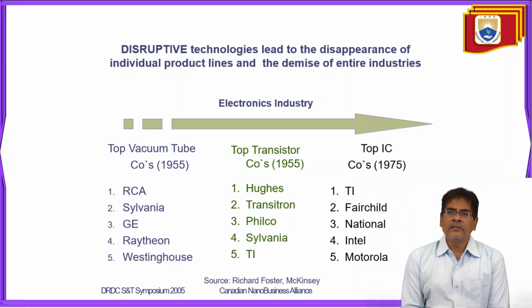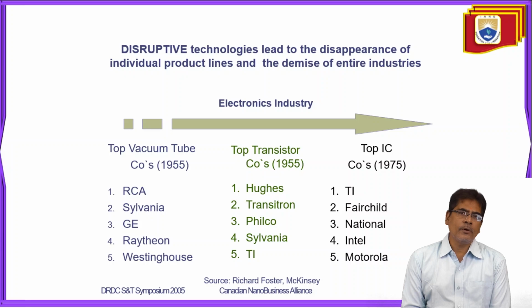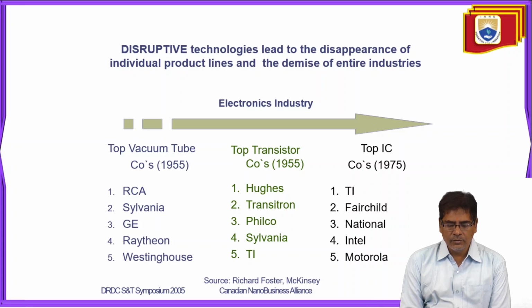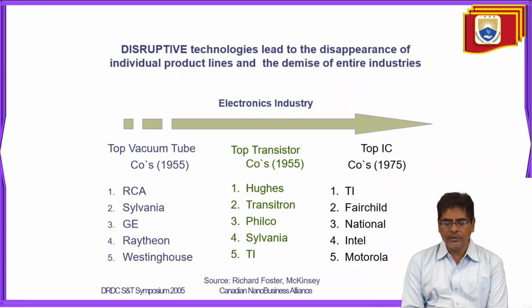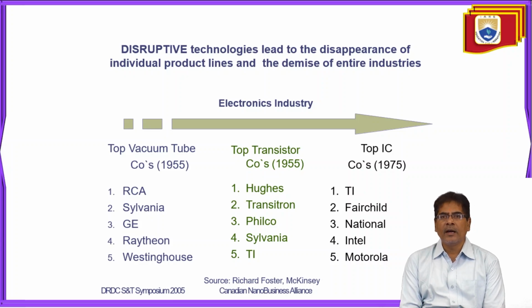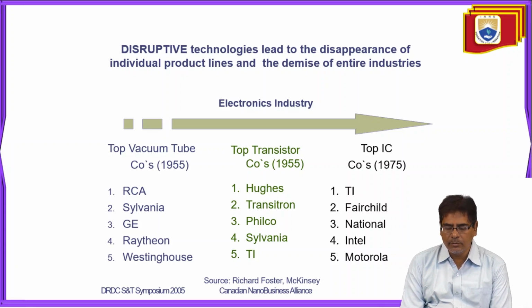Disruptive technologies lead to the disappearance of individual product lines and the demise of entire industries. Take the electronics industry: top vacuum tube receivers in 1955, top transistor CMOS in 1955, and top ICs, integrated circuits, in 1975.